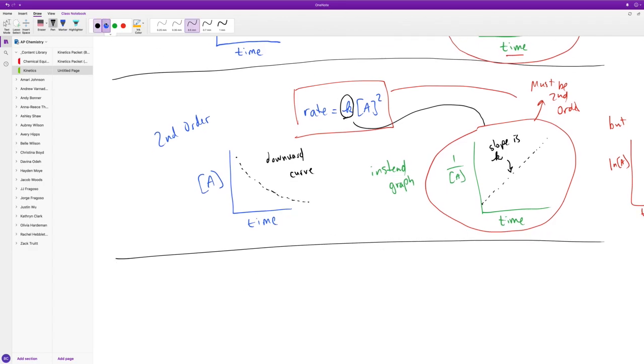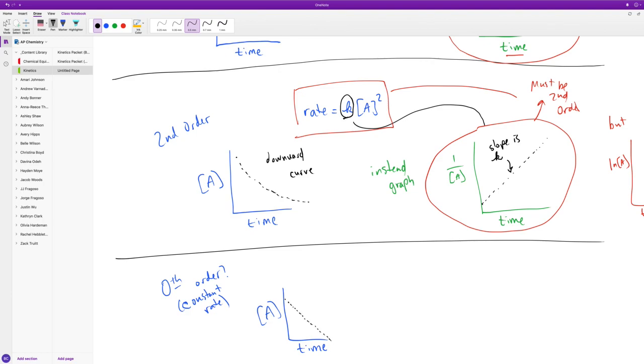For a constant rate reaction, if you graphed the concentration of A versus time, it would be decreasing at a constant rate, which already is a line.